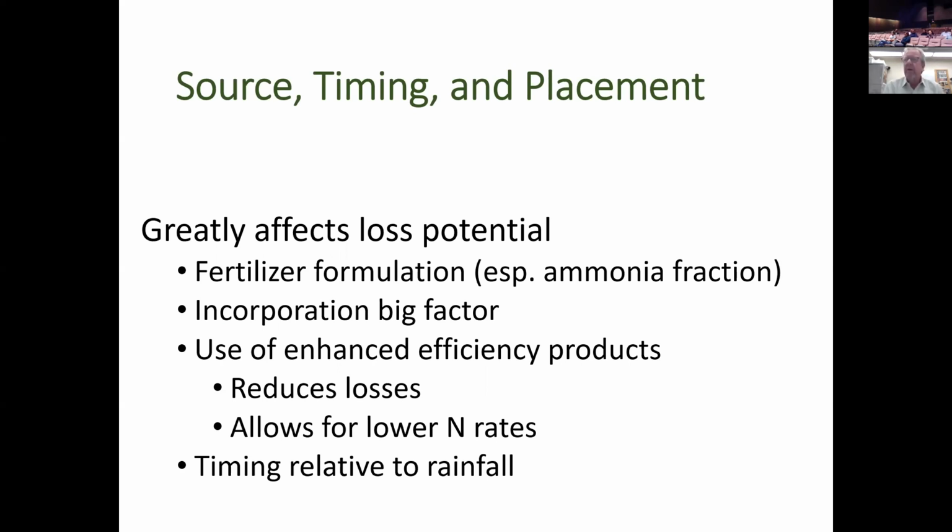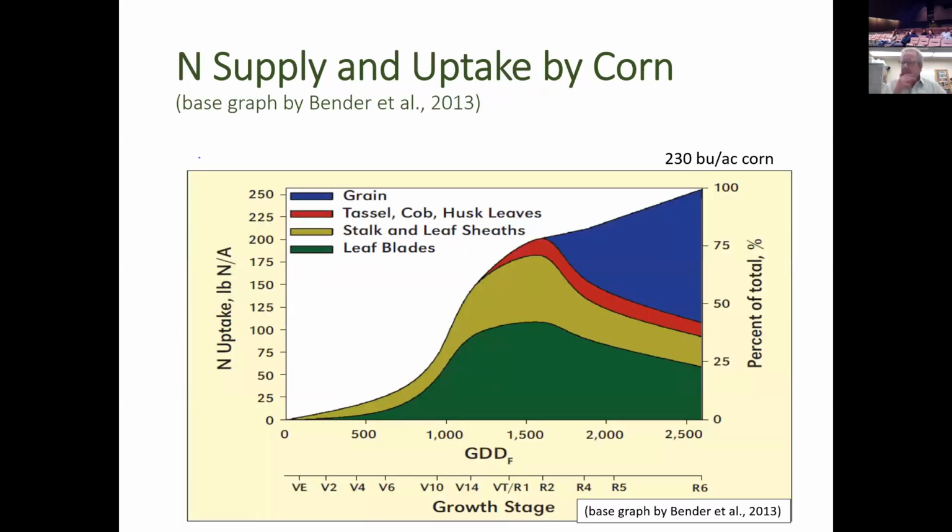We do have some opportunities with enhanced efficiency products, things like stabilizers or controlled release products that can reduce the losses, but also allow us to reduce the overall N rate if we can account for those reduced losses. And then we know that timing relative to rainfall and also temperature conditions is very critical in terms of losses. So I'd like to go over a few scenarios here.